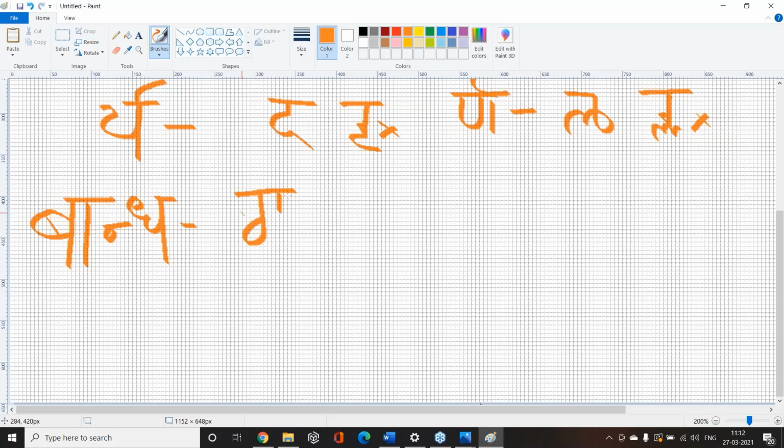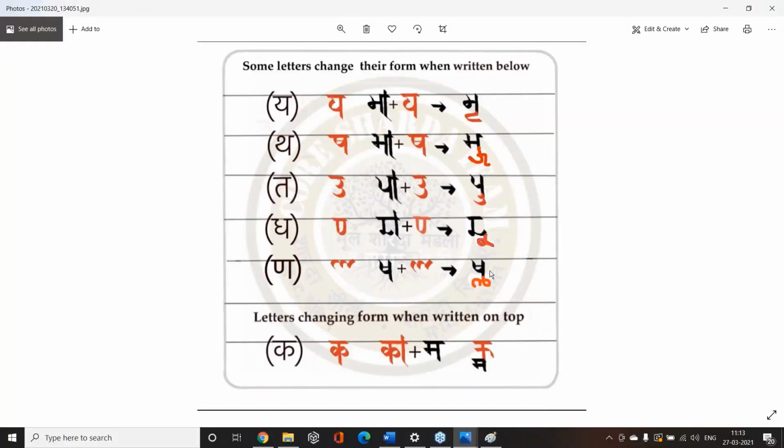Now this no, we write this no complete. Now the here would take a different shape as mentioned, and it would be written like this. So this is the form that the will take when written below. And the last in this category is N. So I've already shown how N is written when written with matra R.